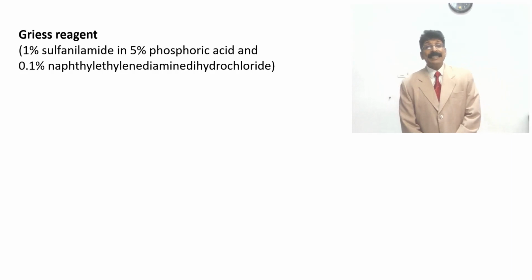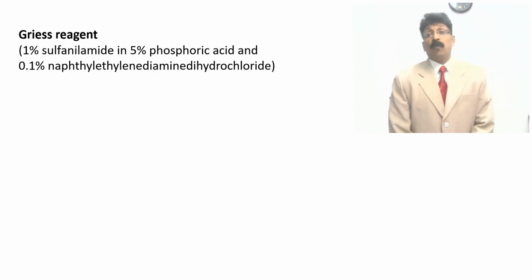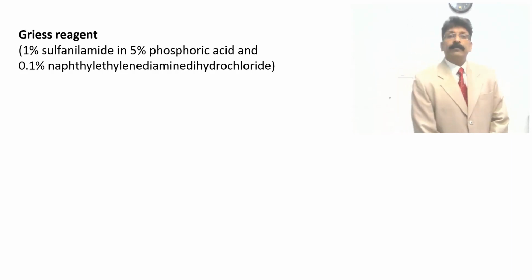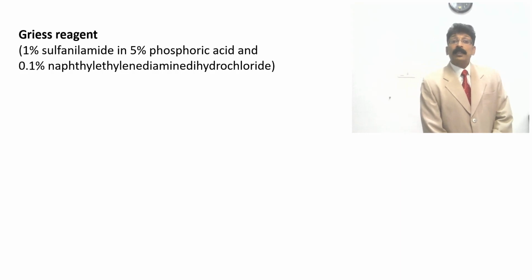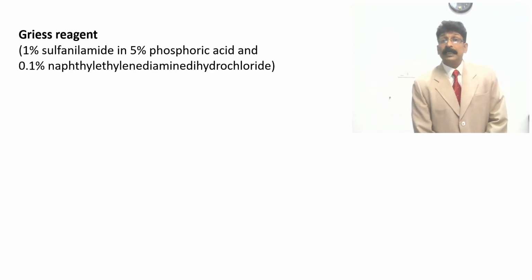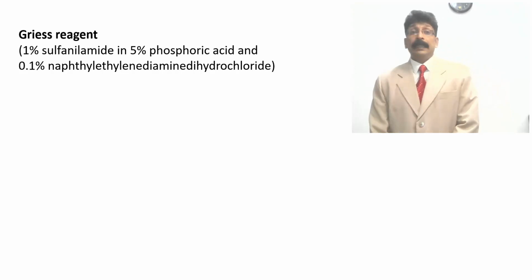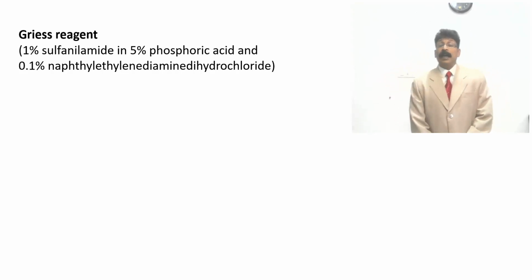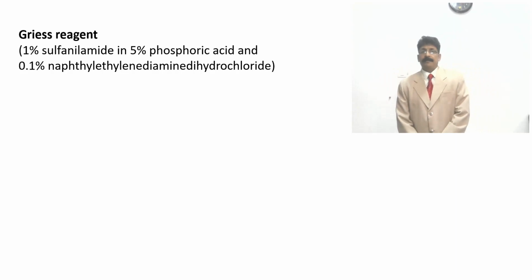It contains 1% sulfanilamide in 5% phosphoric acid and 0.1% naphthyl ethylenediamine dihydrochloride. This is the Griess reagent.